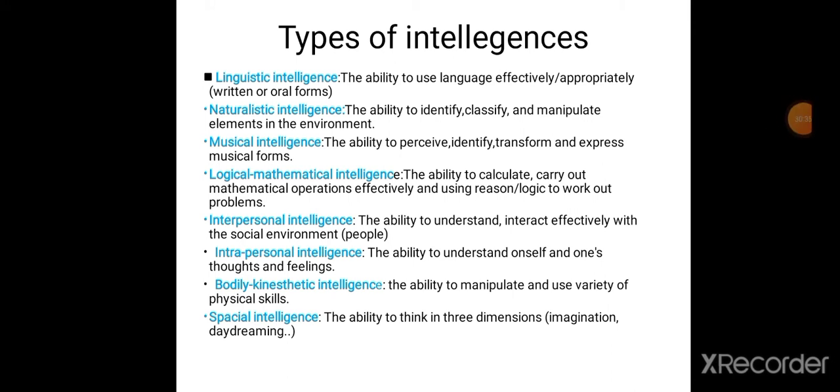The last and not least intelligence, we have the bodily kinesthetic intelligence. The learners who are specified with this intelligence are able to manipulate and use a variety of physical skills. The last intelligence is spatial intelligence. It refers to learners who are able to think in three dimensions.